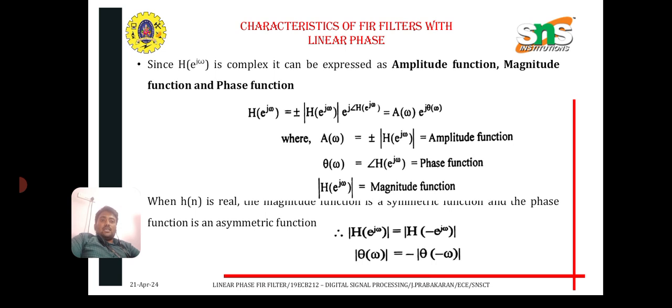Here A of omega is the amplitude function of H of e power j omega, the phase function of H of e power j omega is theta of omega, and the magnitude function is represented by the magnitude of H of e power j omega. When h of n is real, the magnitude function is a symmetric function and the phase function is an asymmetric function.